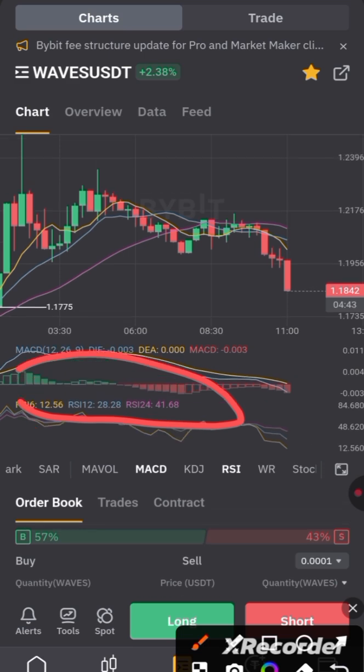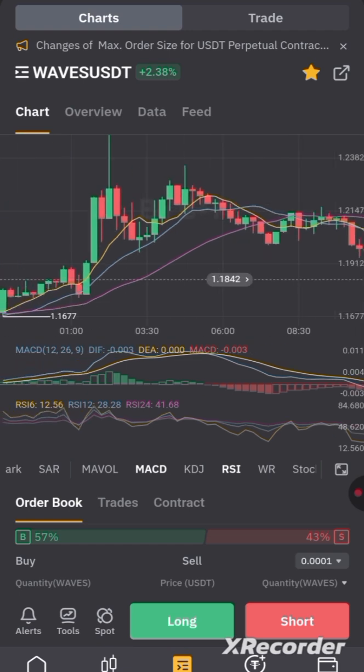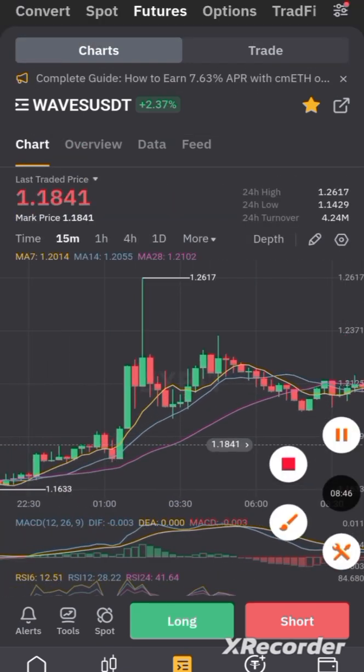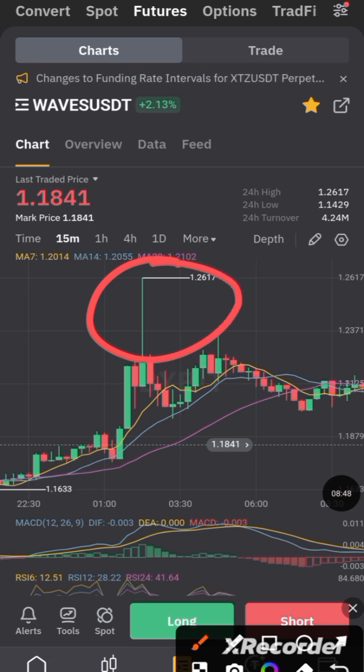If the market pumps, you are going to be seeing big numbers like 50, 60, 70, 80, 90. If your chart is showing you big numbers like 60, 70, 80, 90, that means the market has already gone up like this. Let me show you. Like this. That is overbought. That means the market has already pumped.